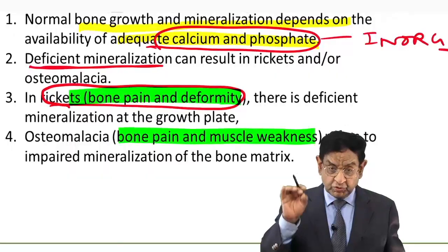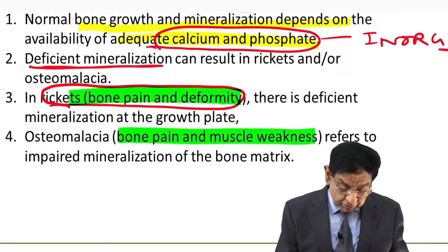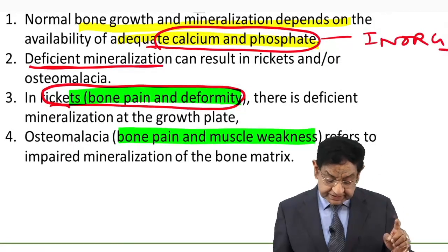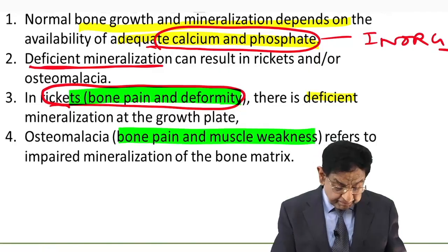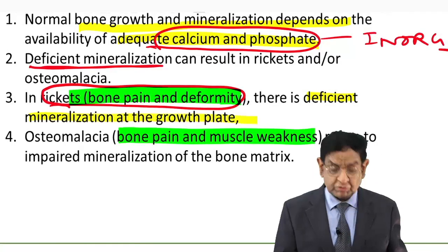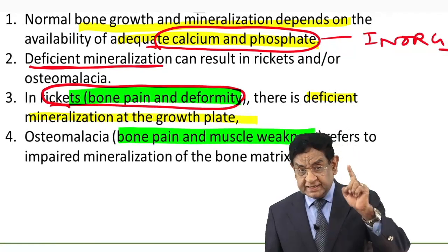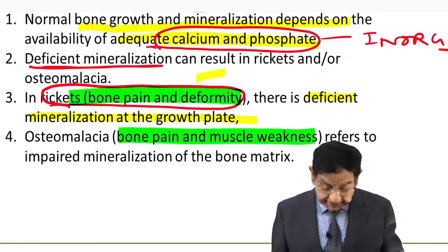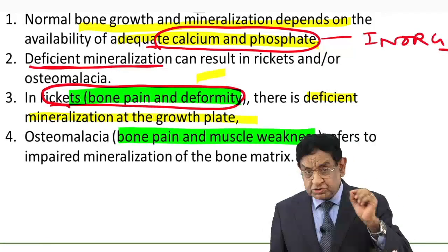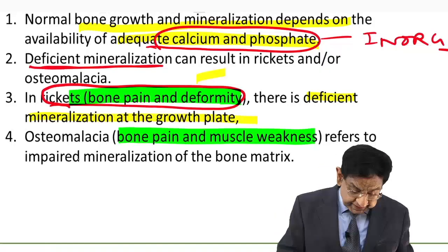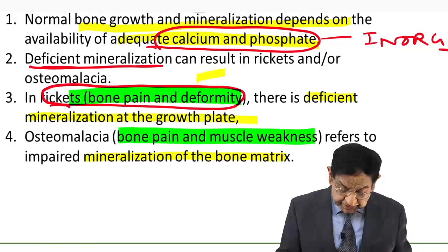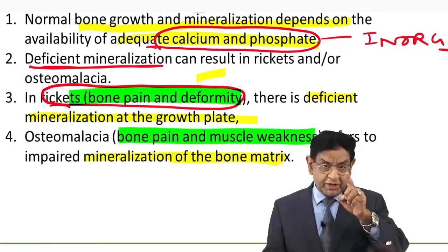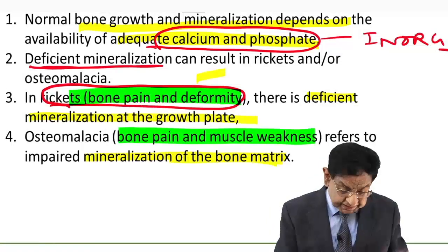Now one more thing: in case of rickets, there is deficient mineralization of the growth plate, and that's why the problem is leading to bone deformity. But in case of osteomalacia, it is impaired mineralization of the bone matrix. This is the basic crux. You should know this very well.